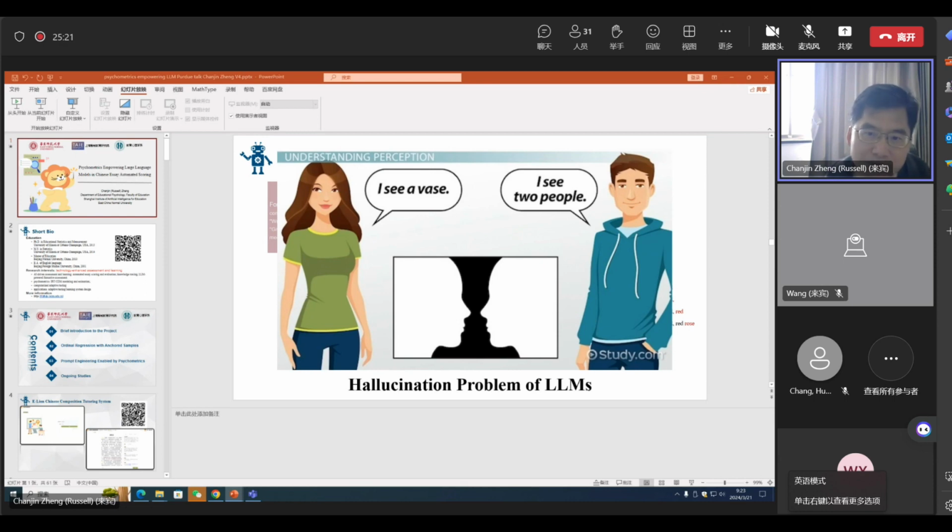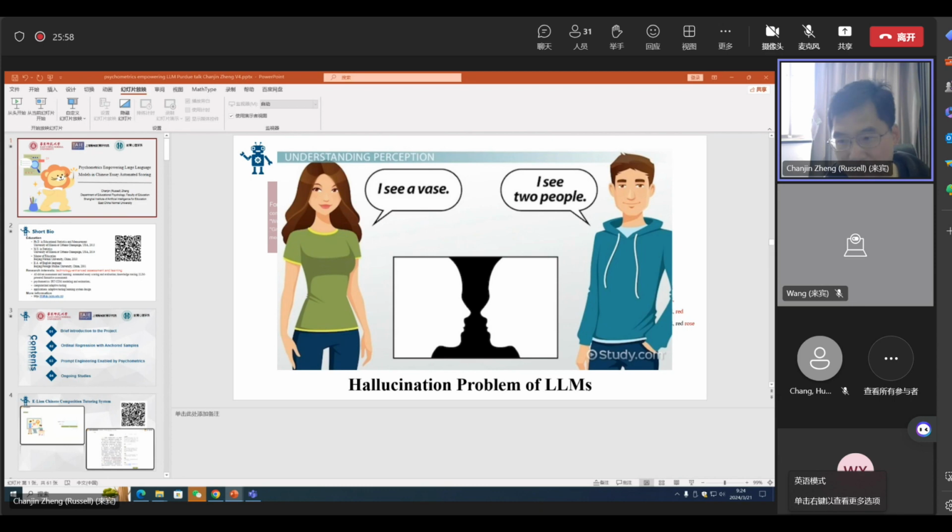If you are in linguistics, you must be familiar with garden path theory, which means that when people understand or produce language, you are like in a garden, and at the crossroads you have several paths to take. You take one, maybe one less taken, by some kind of probability calculation, which might end up in the wrong place. So that's the hallucination problem of large language models.